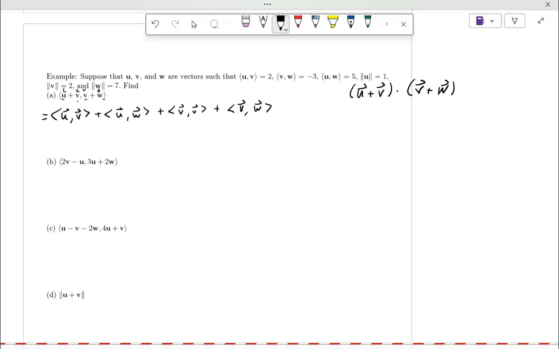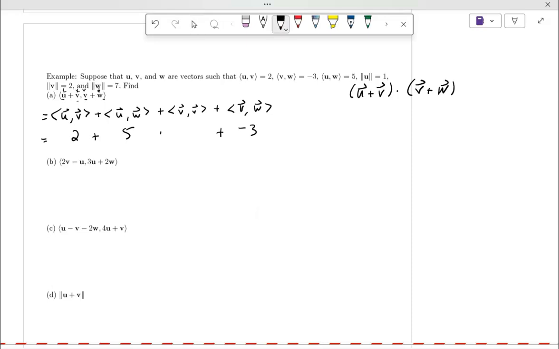Okay. Do you know what the inner product of u and v is? 2. Do you know what the inner product of u and w is? 5. Let's skip the next one. Do you know the inner product of v and w? -3. Okay? Those were given to you, right? You're also given the next one. What is the inner product of v with itself?